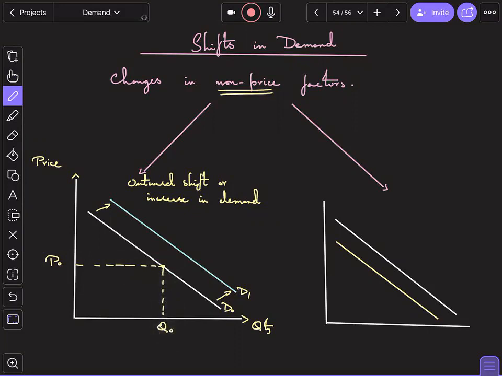But since there is a change in the non-price factor that is positively affecting demand, the demand curve will shift out to D1 and more quantity will be demanded at the same price.